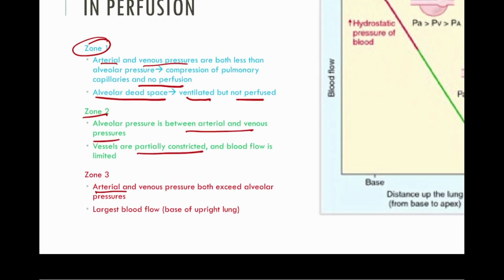The arterial and venous pressures both exceed the alveolar pressure because there's blood there now. So the blood is popping open those capillaries, exerting a pressure in the arterial and venous system. It's greater than the alveolar pressure, so those capillaries stay wide open. And this has to do with the largest blood flow because we're at the base of an upright lung.